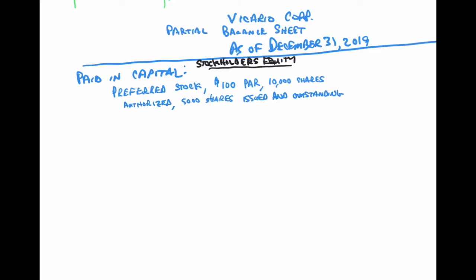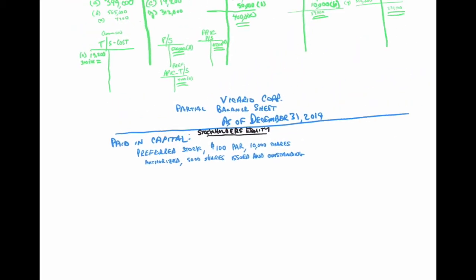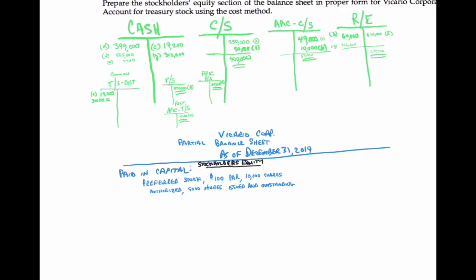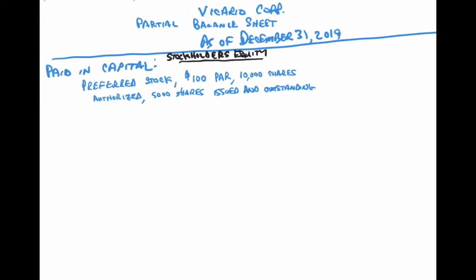And so we're going to take 5,000 times 100, and that's going to be our 500,000, which is our preferred stock up here, 500,000.